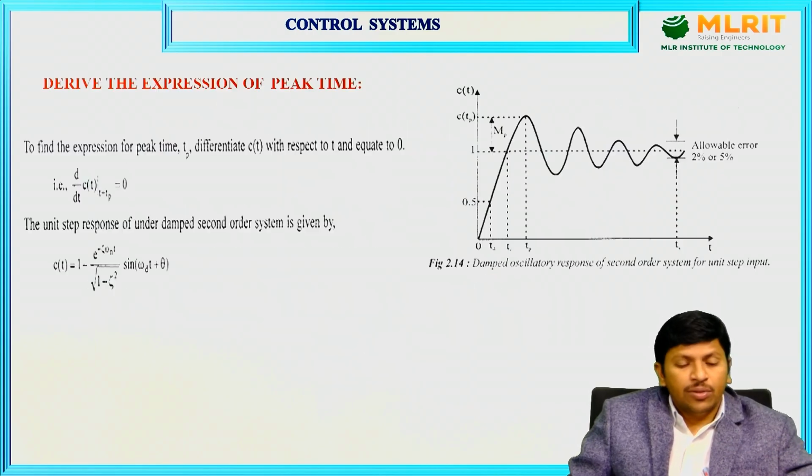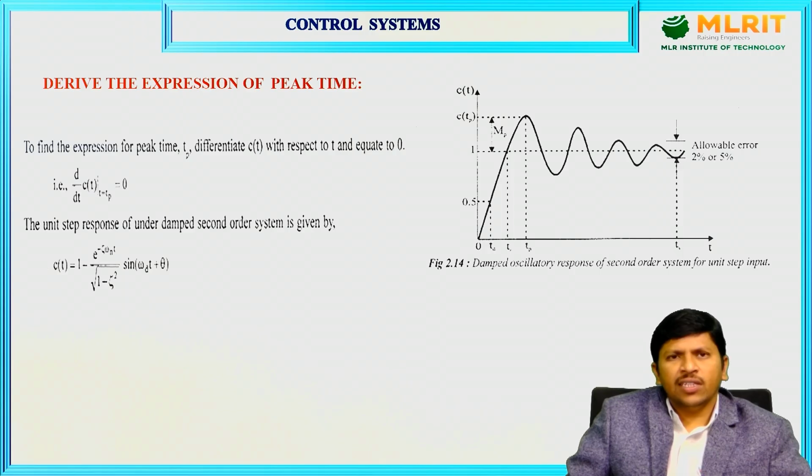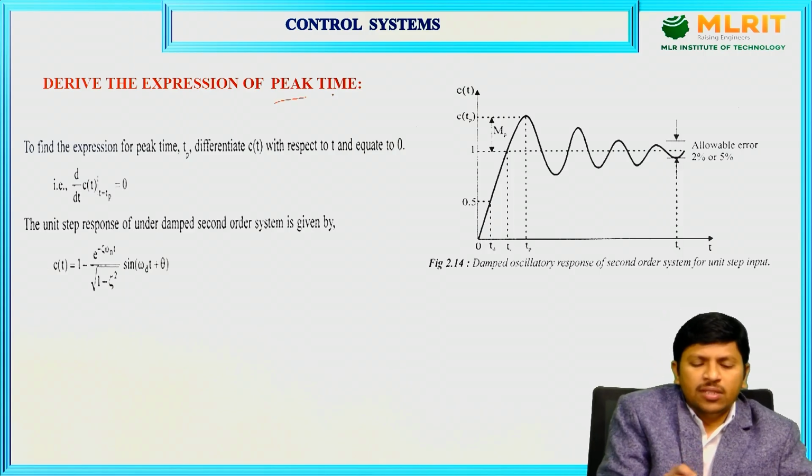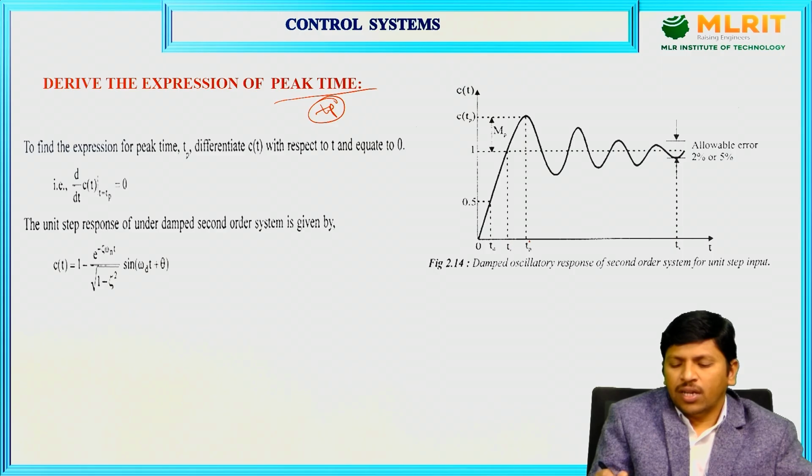Next, coming to deriving the expression of the peak time. Here peak time t suffix p. Observe, peak time is nothing but the time taken for the response to reach the maximum peak value.